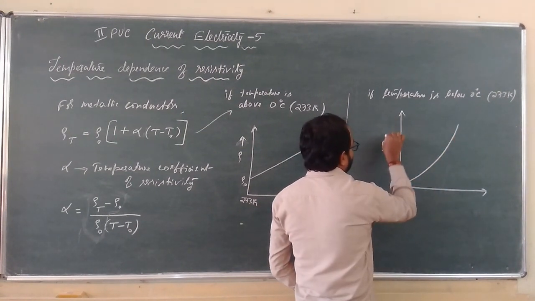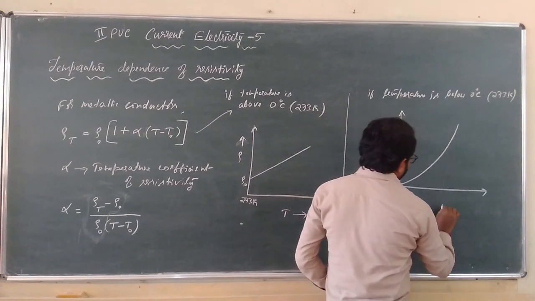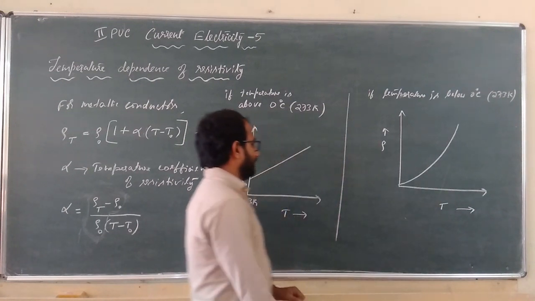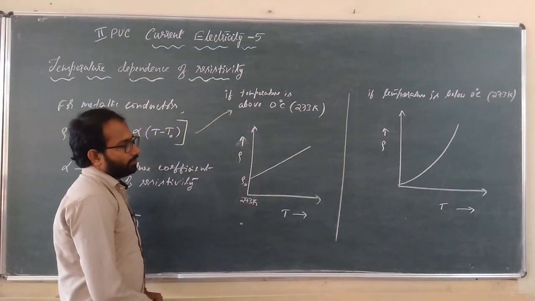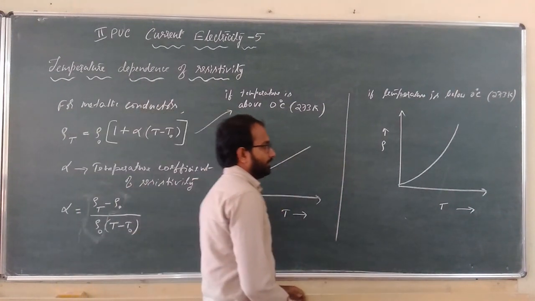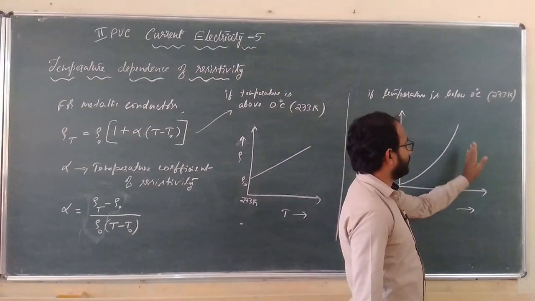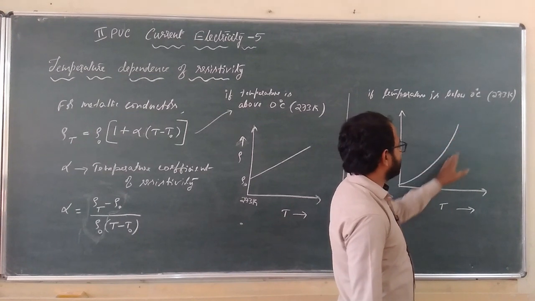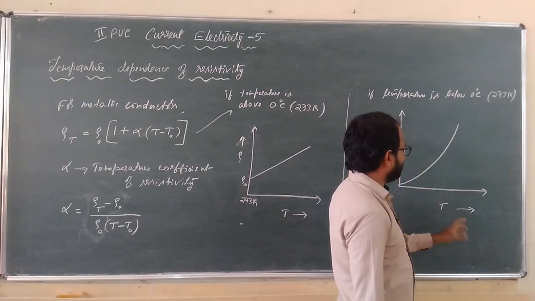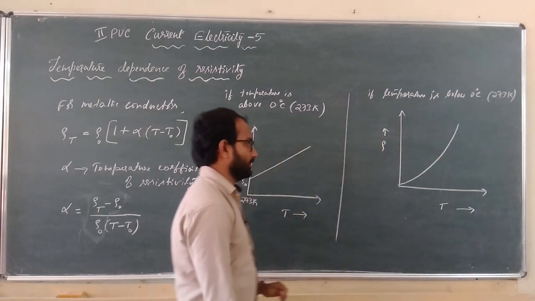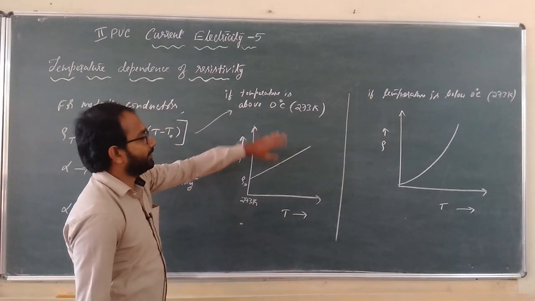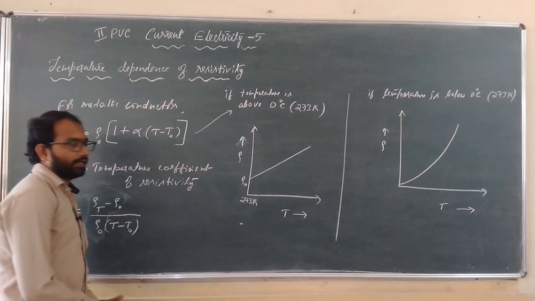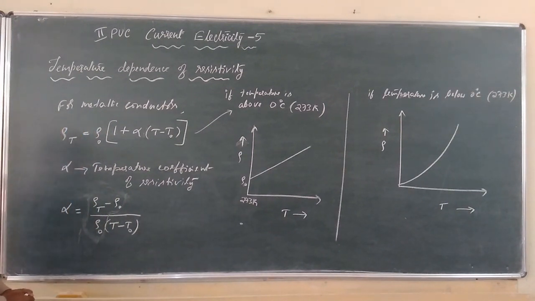This is rho, this is T, in the Kelvin scale. Below 273 Kelvin, say 150 Kelvin, 100 Kelvin, 50 Kelvin, resistivity is not proportional to absolute temperature. So only above 0 degrees Celsius or 273 Kelvin is resistivity directly proportional to absolute temperature in metallic conductors.